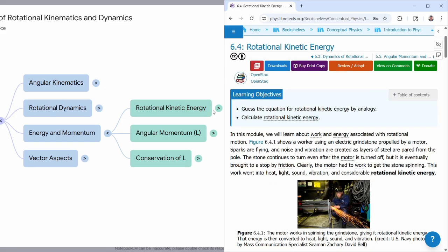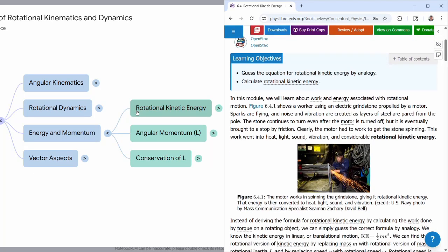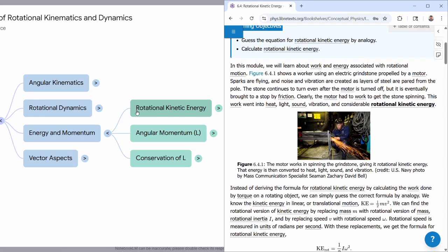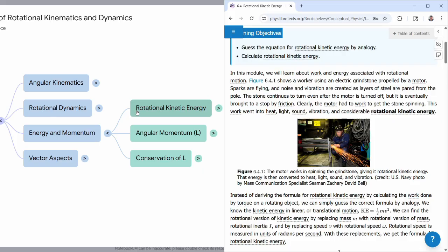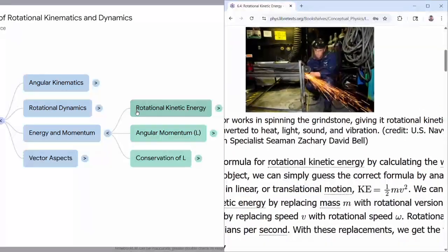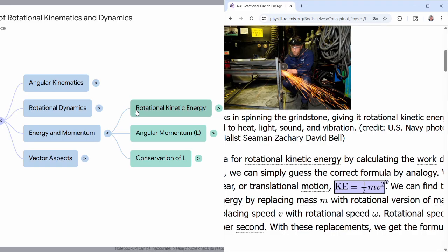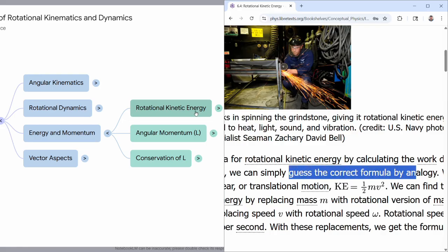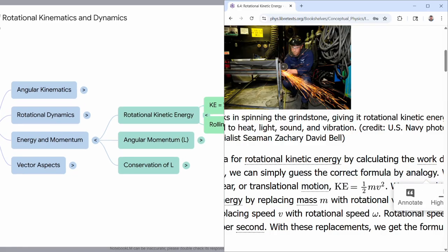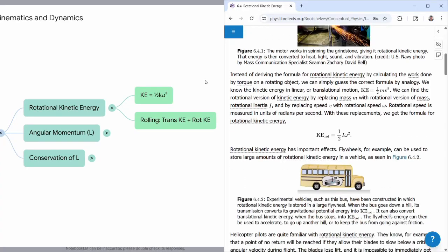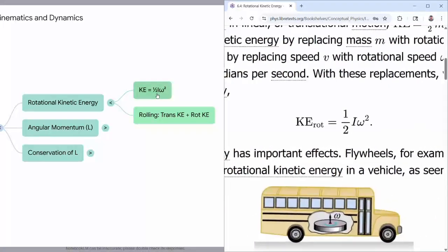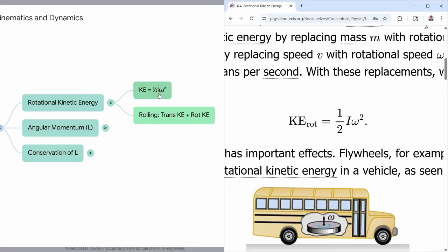So, rotational kinetic energy, you might not have any idea what that depends on, but if you remember that in the translational context, the translational kinetic energy was 1/2 times mass times velocity squared, and you remember the rotational analogy, then you can almost guess the formula for the rotational kinetic energy, which will be 1/2, the rotational version of 1/2 is the same thing, times the rotational inertia, which is the rotational version of mass, times the angular velocity, rotational version of velocity, squared.